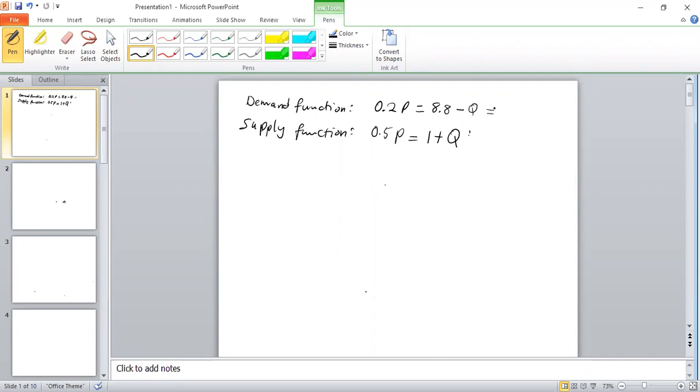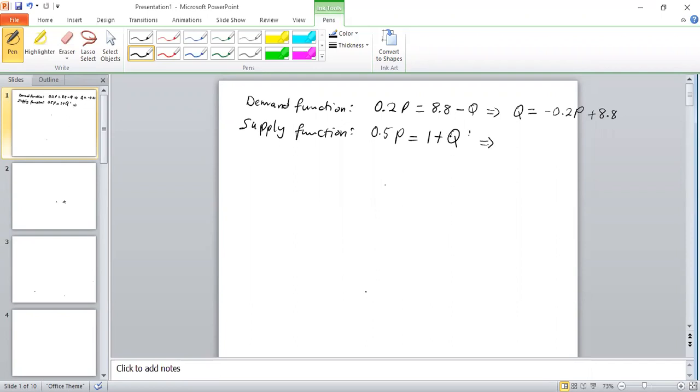Making Q subject of the formula, we take Q the other side so that Q is equal to negative 0.2 P. P, we bring it this side. Since it's positive, when we bring it this side, it becomes negative, then plus 8.8. Then also to the other one, we make Q subject of the formula.